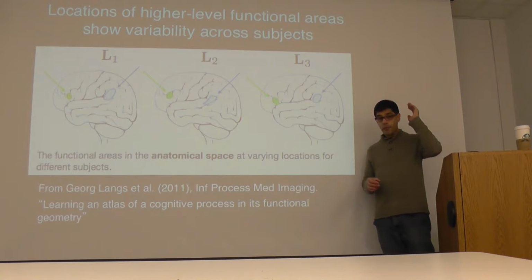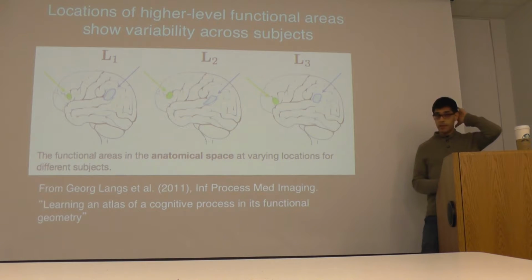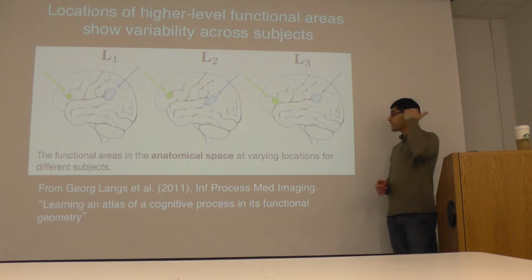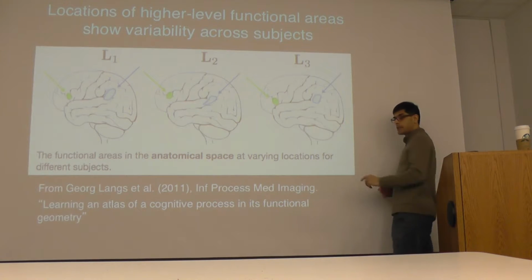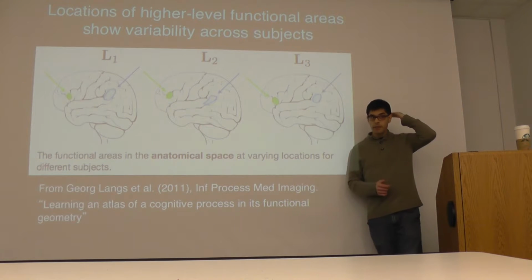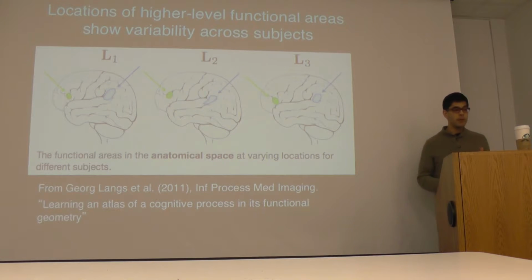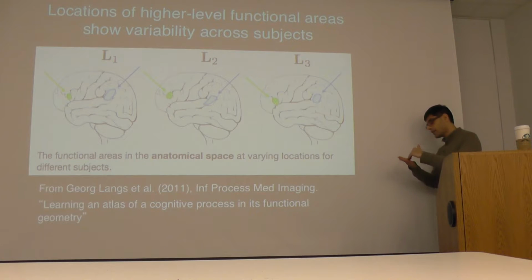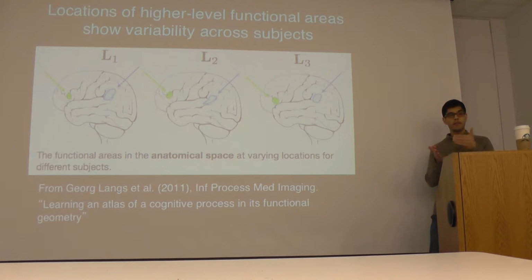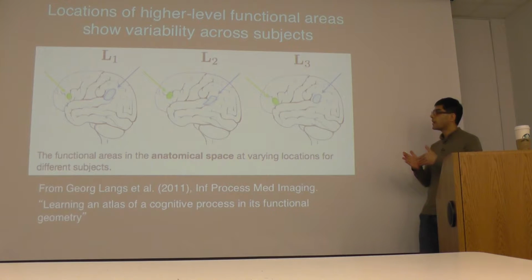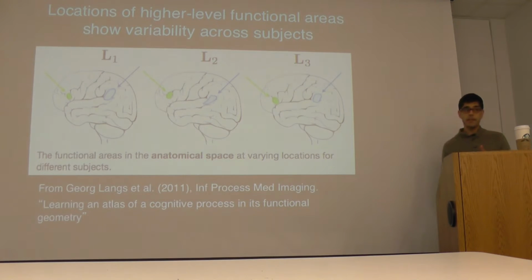Everybody's primary visual cortex is right at the back of their head, and there's a big sulcus called the calcarine sulcus that's always smack bang in the middle of V1. So if you want to anatomically identify where somebody's primary visual cortex is, you can do that pretty well just looking at raw anatomy. But for higher level areas, that isn't going to work.